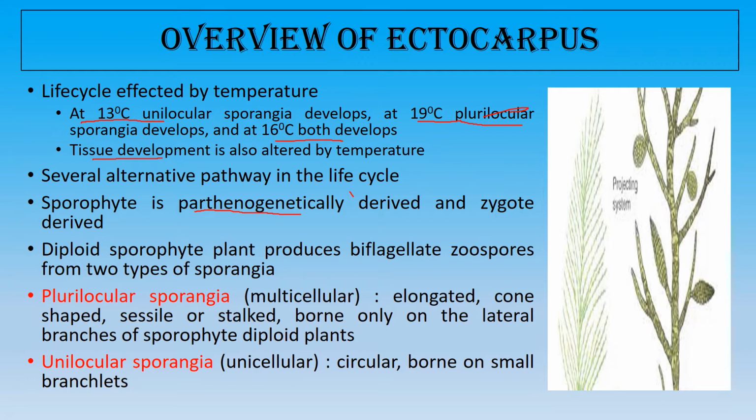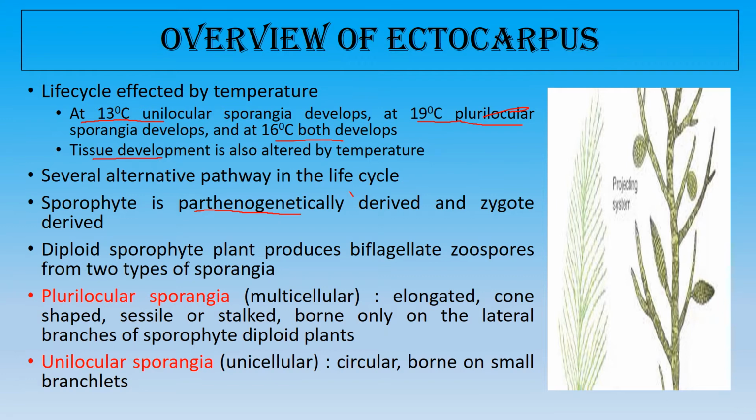Another is the normal process, by which two opposite spores fertilize and develop into a zygote, and this zygote germinates to produce a sporophyte.